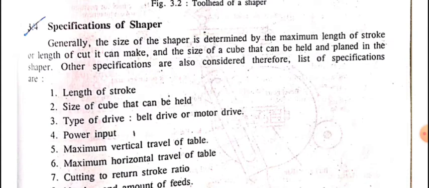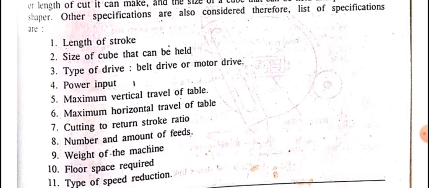It depends on the length of stroke, that is, the maximum length of job you are machining on that machine. Size of the cube that can be held, what size of cube you hold on the machine. Type of drive, which means it may be belt drive or motor drive. It depends on the size of the workpiece. Then the power input, maximum vertical travel of the table, maximum horizontal travel of the table, cutting to return stroke ratio, then number and amount of feeds, weight of the machine, floor space required.